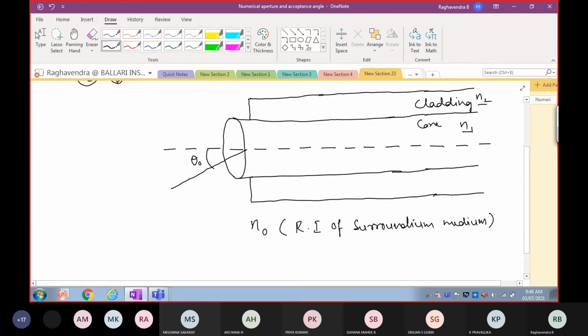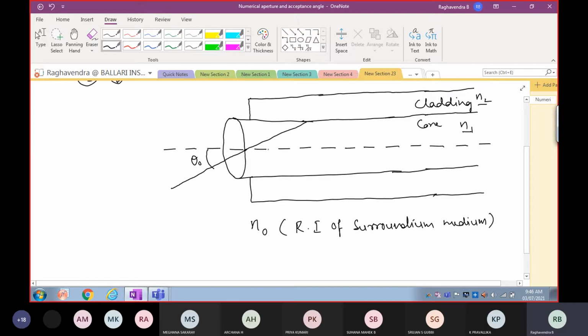You see here, the ray is traveling from the surrounding medium to the core part of the optical fiber. The surrounding medium is different, and the core part is different. Therefore, it undergoes refraction and is incident on the interface between the core part and the cladding part.